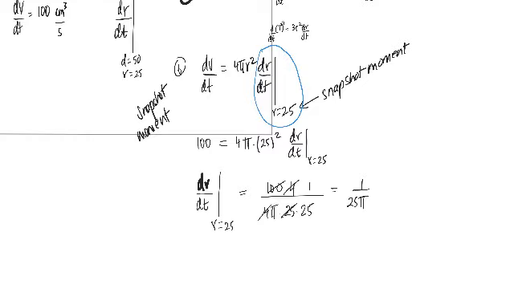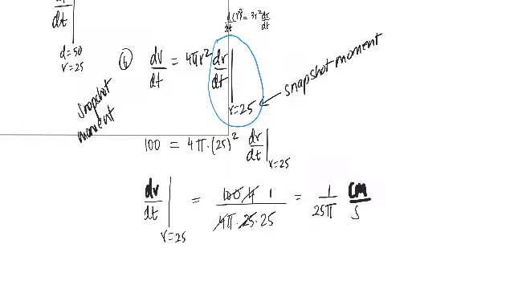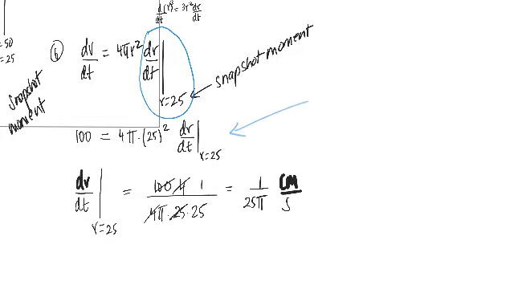So we have 1 divided by 25π centimeters per second for my dr/dt. It's going to come out in the right units. If you want to double check that at this stage, you can think the 100 on the left is in centimeters cubed per second. The 4π has no units. The 25 is in centimeters, and you're squaring it.